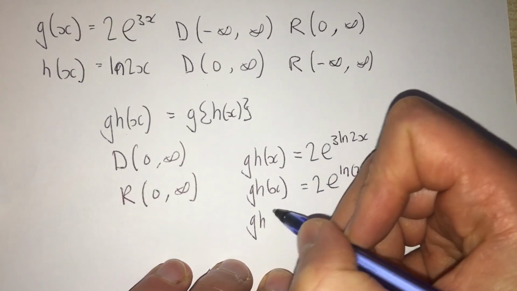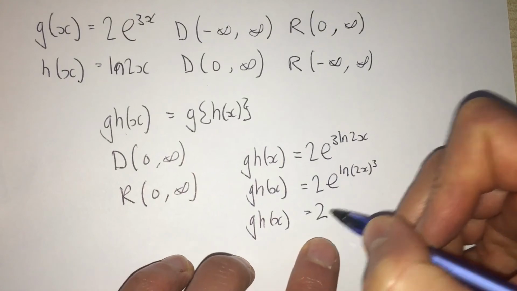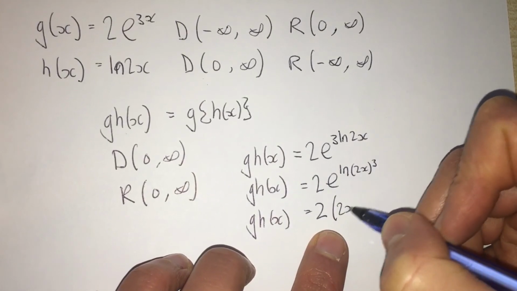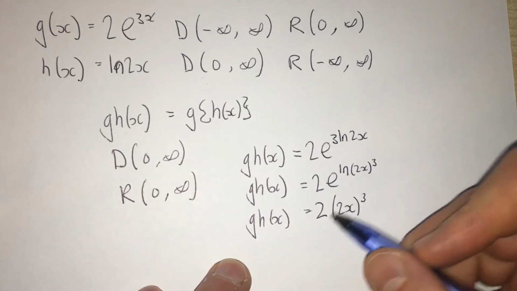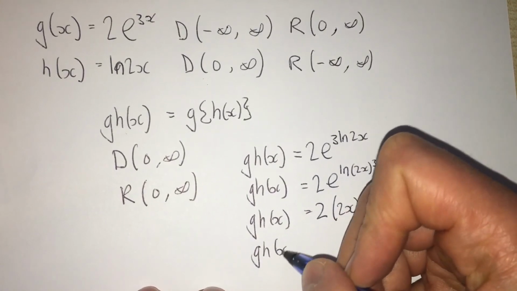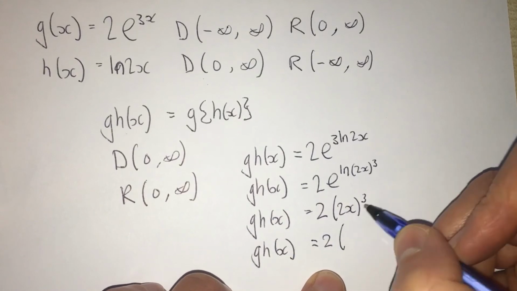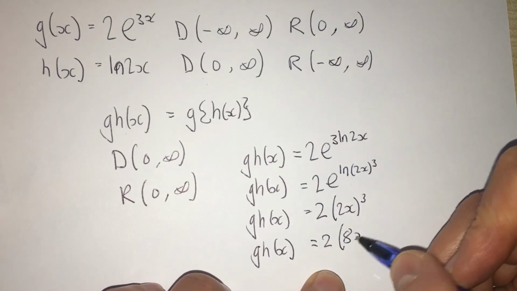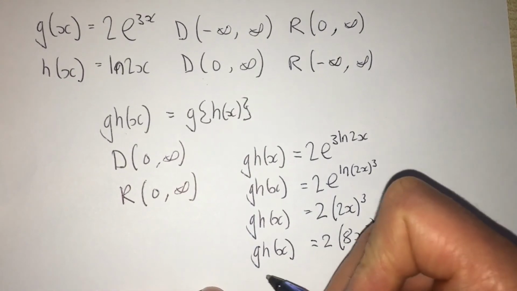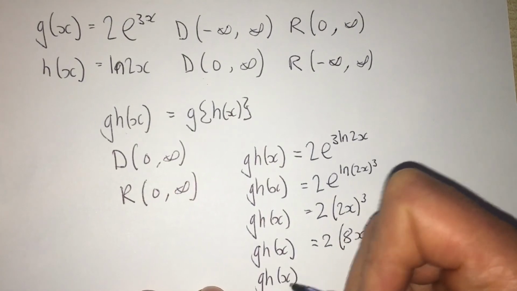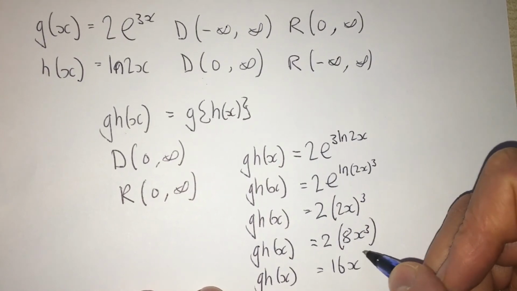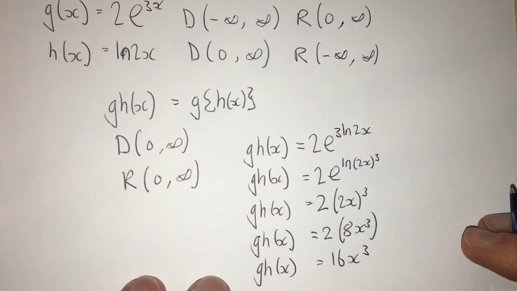So gh of x is 2 lots of this, 2x cubed. So gh of x, our composite function, is 2 lots of 2 cubed, which is 8, and x cubed we can write as x cubed. So final answer, gh of x equals 16x cubed.